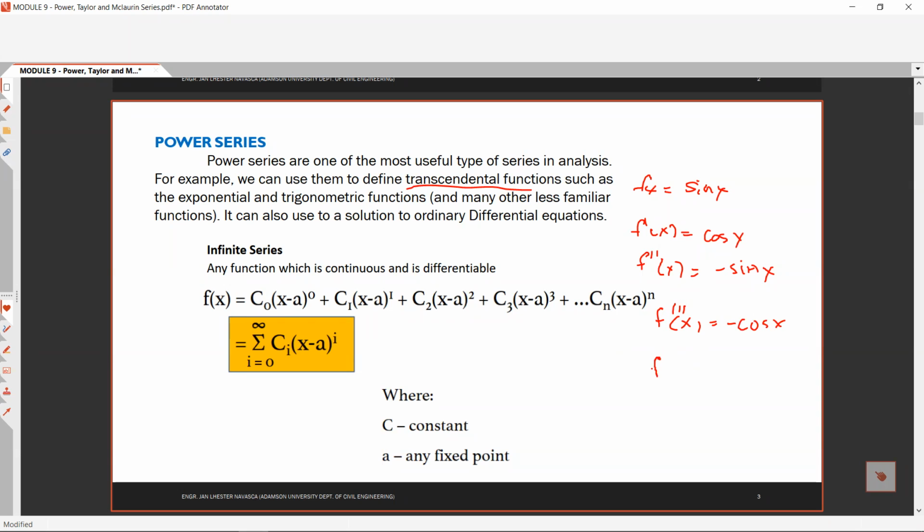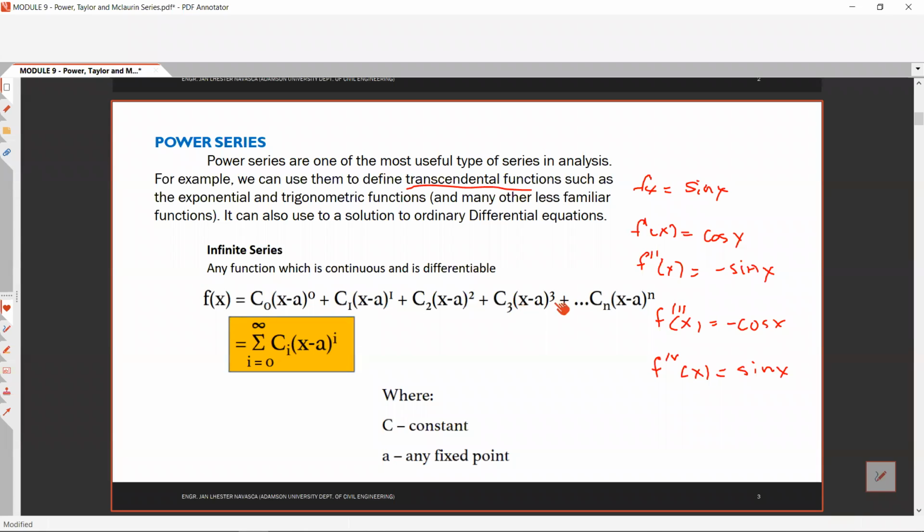And after the fourth derivative, bumalik na siya sa sin x. So this is a continuous and differentiable function. So the power series can transform or can define sin x into a polynomial function.